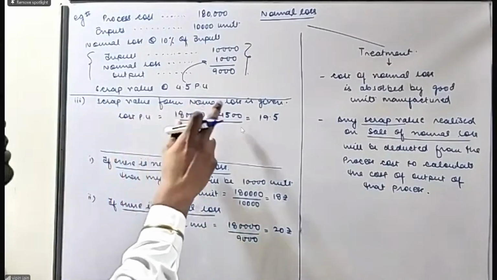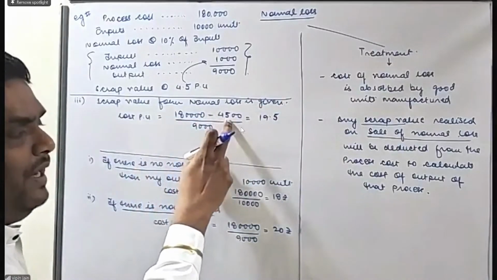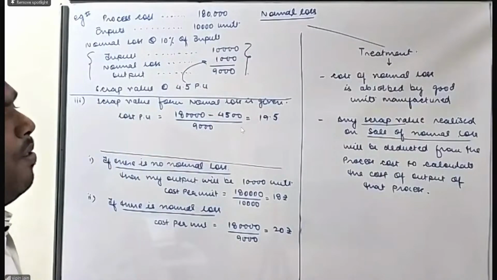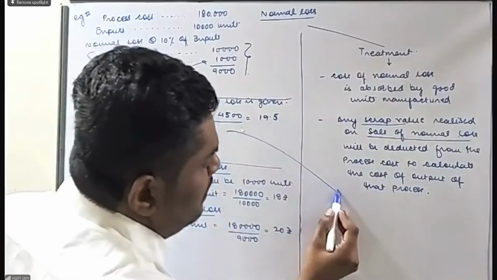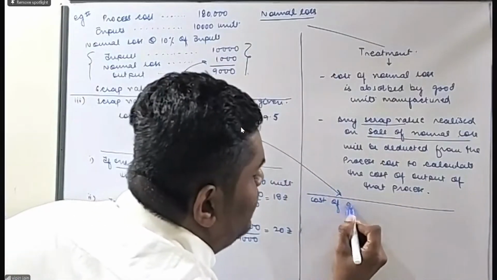Scrap value for normal loss is given. Then the total cost minus the scrap value, divided by the output, that is good units. So we can say, cost of good units, how is it calculated?